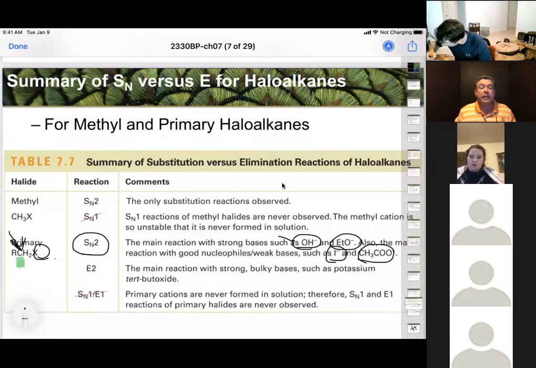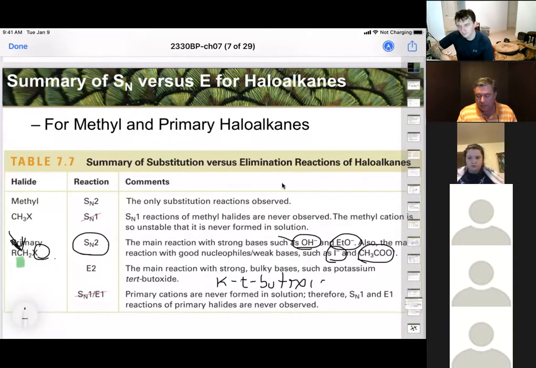That means to get an E2 reaction, we have to have what we call a big, bulky base. Our classical big, bulky base is potassium t-butoxide. What that looks like is you've taken tertiary butyl alcohol, removed the proton, and put a potassium there.